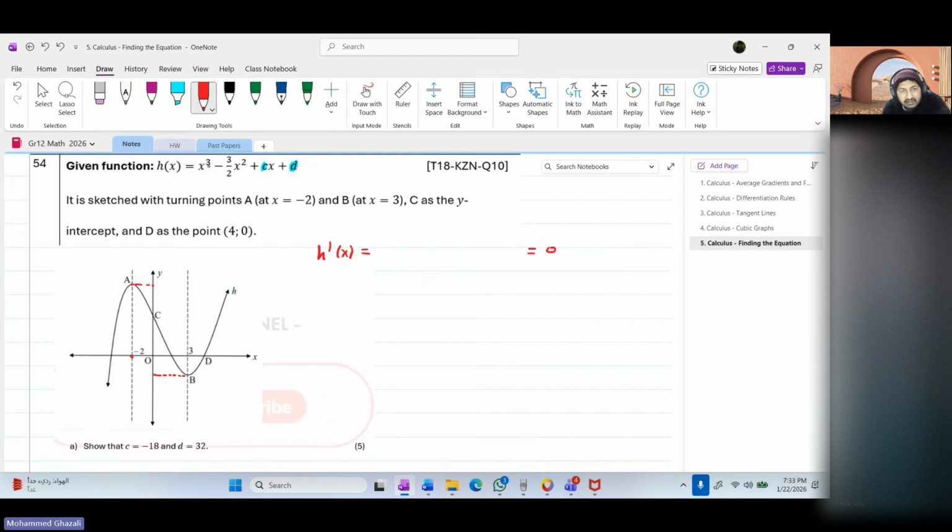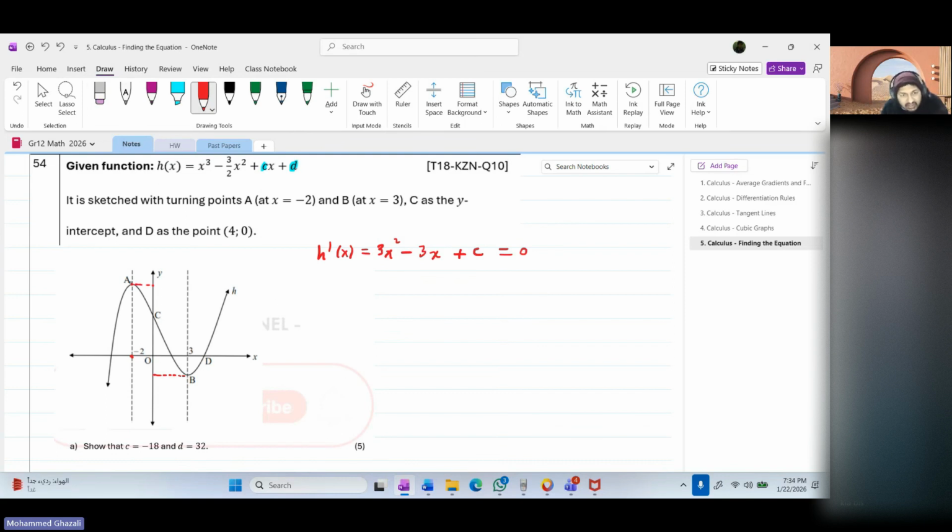So if I find the derivative, I'm getting 3x squared. 3 times 1 is 3, take away 1 from the power. 2 times 3 over 2 is minus 3x, plus c is equal to 0. So 3x squared minus 3x plus c is equal to 0.